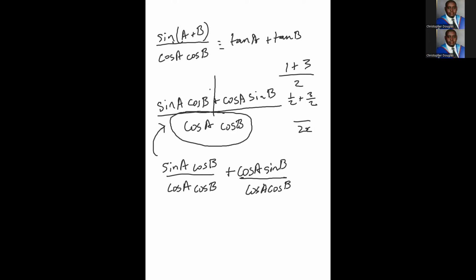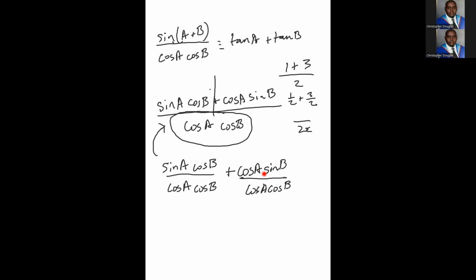Look here, I have a cos B here and I have a cos B here. I remember there's multiplication going on here, so some things can cancel. This is awesome. I can cancel the cos B here and the cos B here. And look over here, you have a cos A here, cos A here.